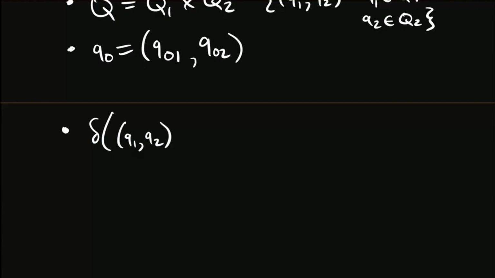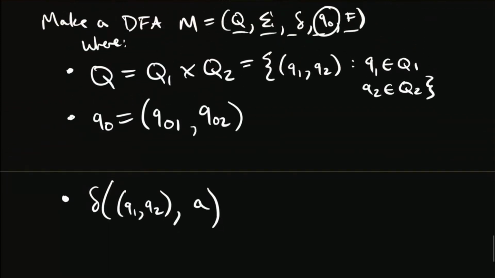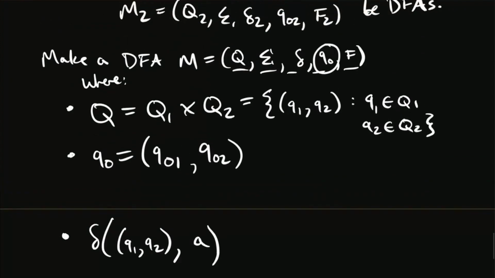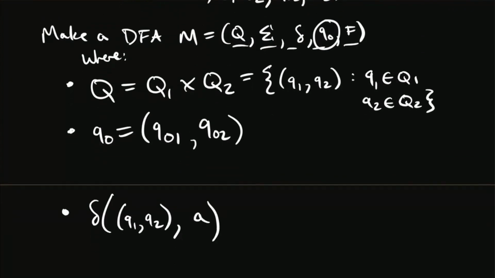But this is just an arbitrary state. I'm not considering anything about what the state is. And we're going to consider an arbitrary character A. The A character might not be in the alphabet, but I'm just naming it something to actually be able to write it. Okay, well, let's see. The transition function outputs a state. What are the states in this machine?